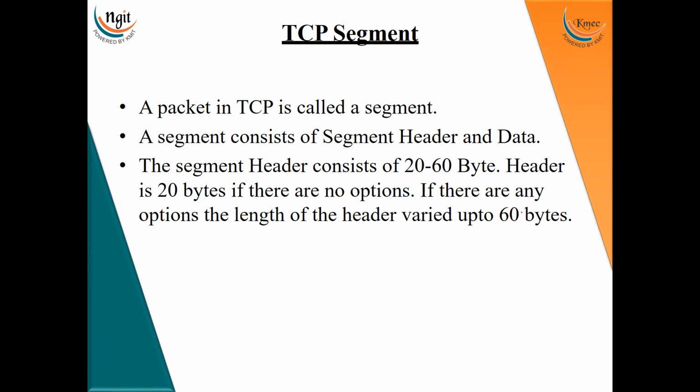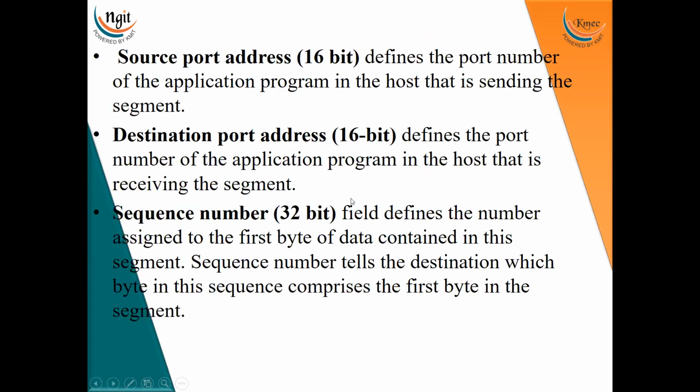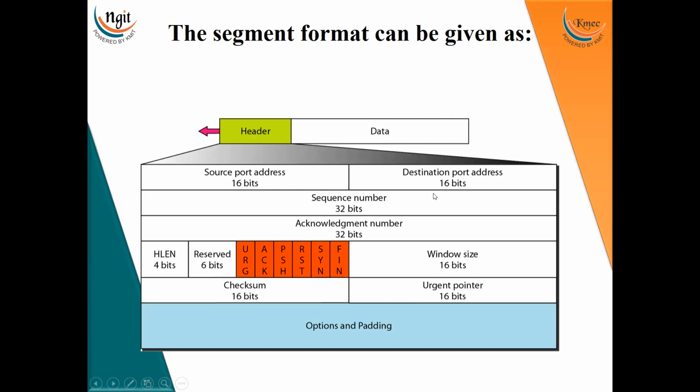And if there are any options, the length of the header varies up to 60 bytes. Now this is a packet format, that means we can also call it a segment format. Here we have the header part, then we have the data part. Its source port address is 16 bits and destination is 16 bits. Each and every part we will learn in the continuing session.